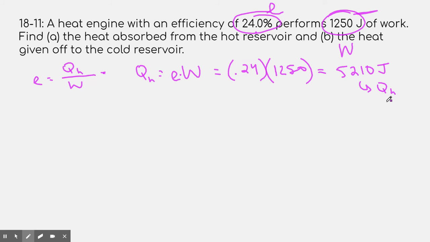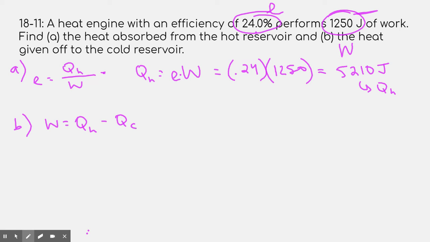Now, to find the heat from the cold reservoir, so this is part A, and here is part B, then we have the following relationship. Work equals QH minus QC. Well, we have the work and we have our QH now. So to solve for QC, we're just going to do some very simple math.